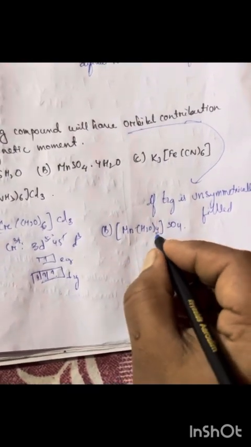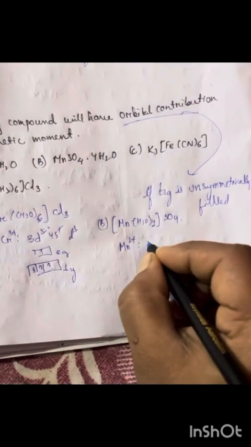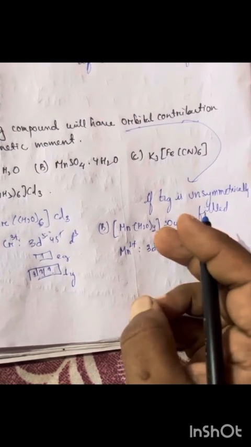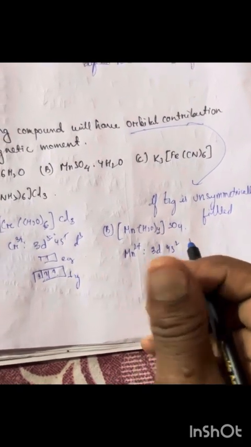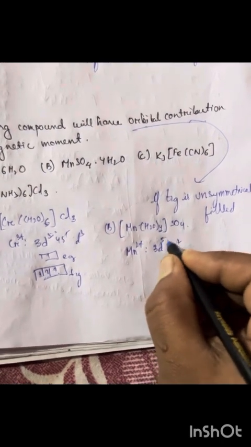Now you see it is tetrahedral, right. Then it is Mn2 plus. Mn means scandium, titanium, vanadium, chromium, manganese. Manganese is 3d5 4s2, right.